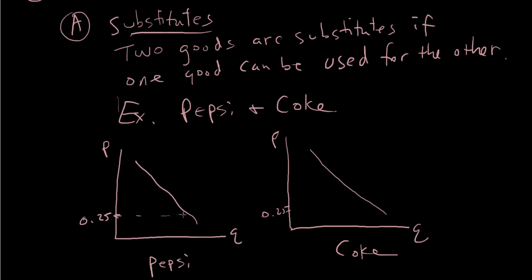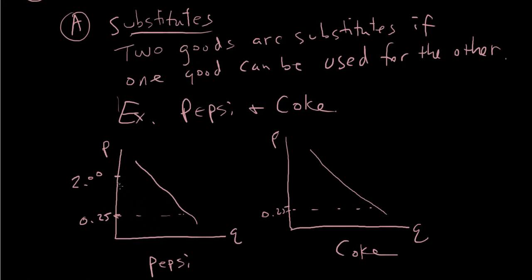And then for some reason, suppose the Pepsi price has gone up considerably. Let's exaggerate it a bit, say $2. Well, before we look at how the increase in the price of Pepsi affects the demand for the other good, Coke, let's look at its own effect, right?